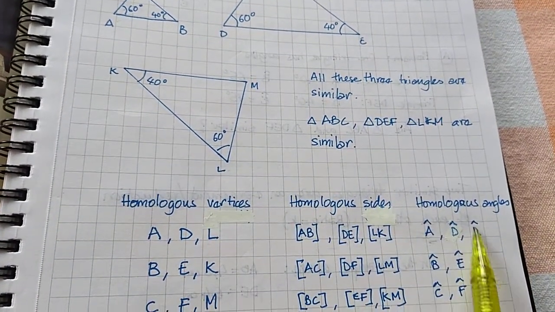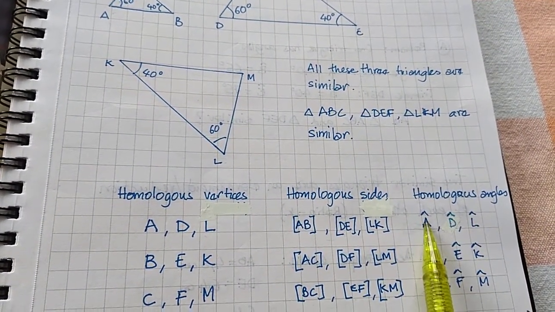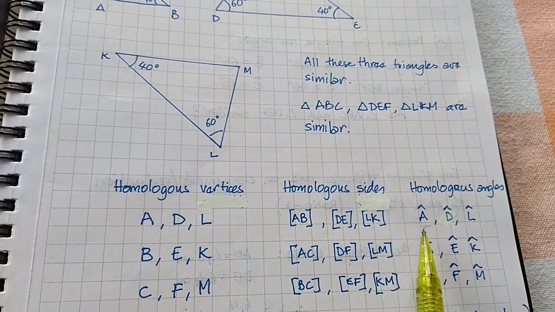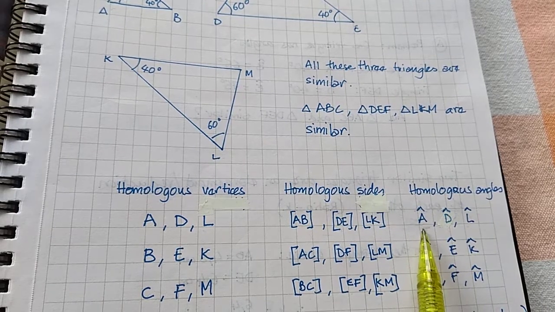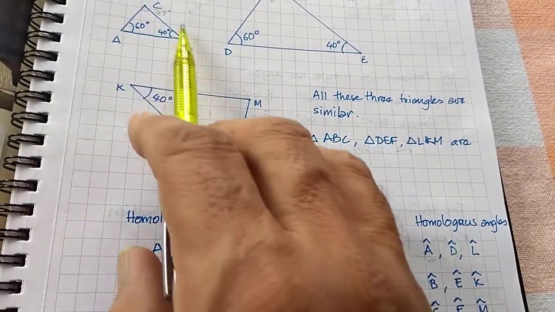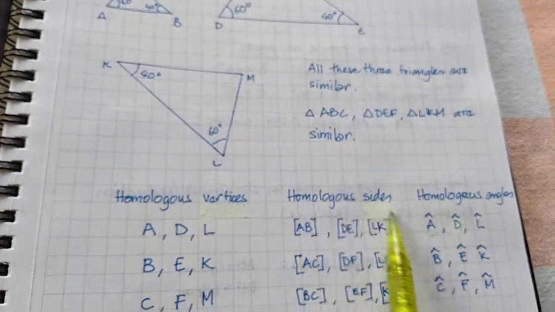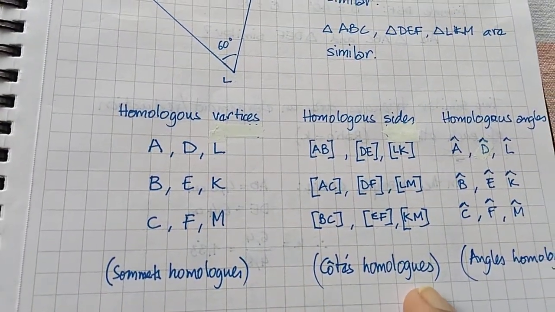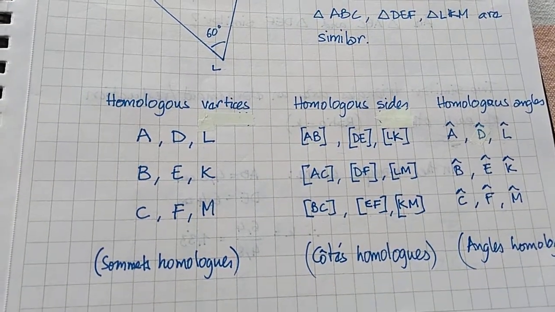So use this notation of a single letter, it's a shortcut, only if there is no ambiguity. If there is an ambiguity to determine what exactly you mean by this angle, then write out the three letters, CAB, so that there is no confusion. Okay? Sommet homologue, côté homologue, angle homologue.